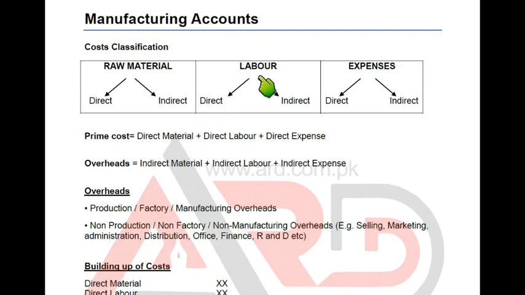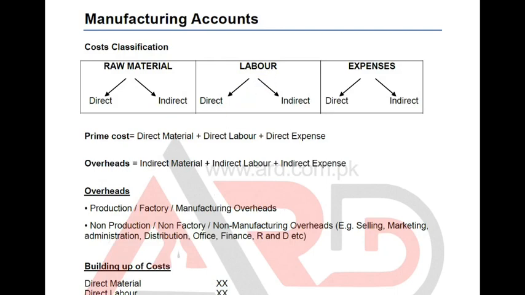Now, what does direct labor mean? Cost classification is very important and is instrumental in understanding manufacturing accounts. If we are unable to understand the classification of cost, we won't be able to identify the types of costs that come in the exam questions. All the labor directly involved in making a particular product is known as direct labor.